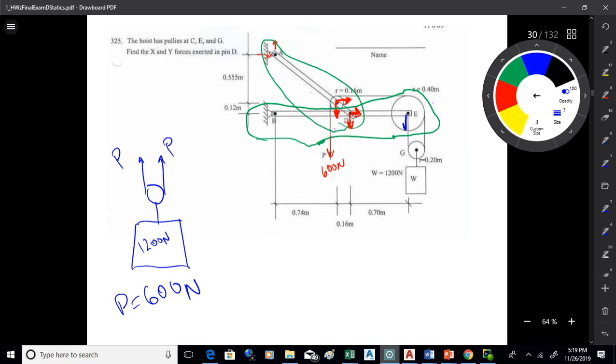That would be 600 there. But then we also have these two cable forces that are caused as the cable wraps up and around like that. I'm going to have to move both of those to the pin, so they're going to look something like that.